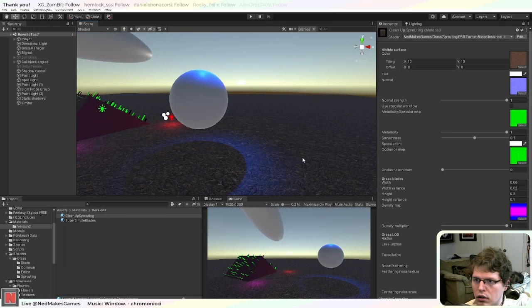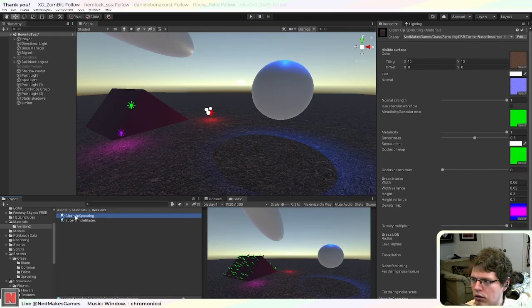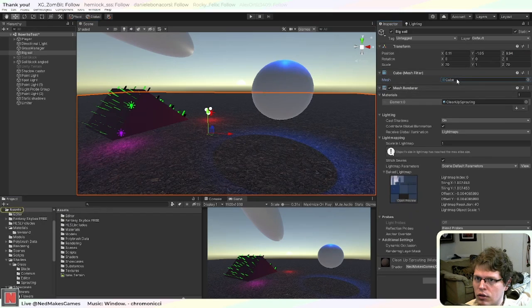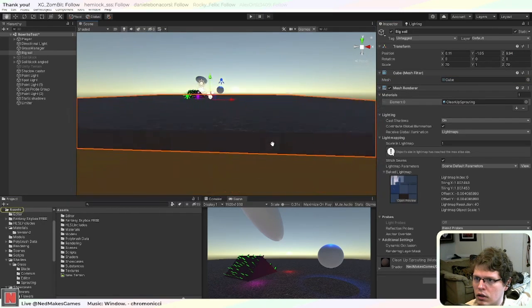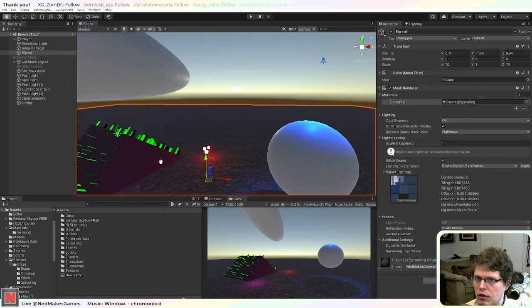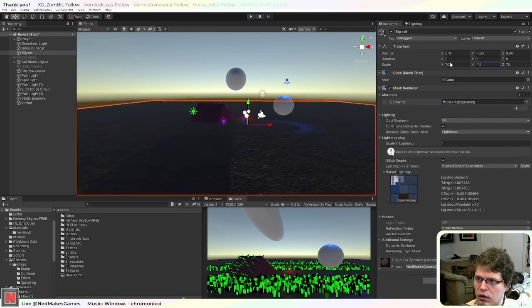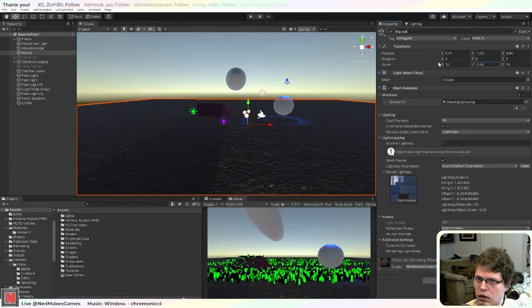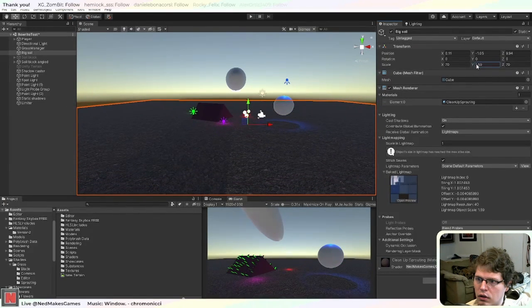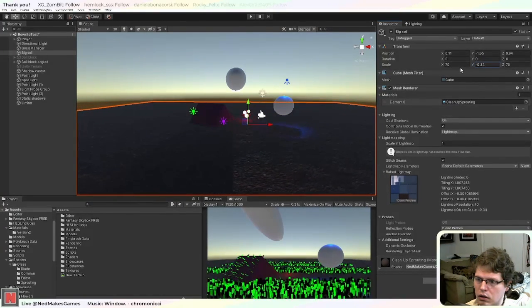I don't know why it would work on the small one but not the big one, because they both use the same material. So that would lead me to think it's something to do with the mesh, but the soil is just using a cube. It's the same as this one, just scaled. Okay.